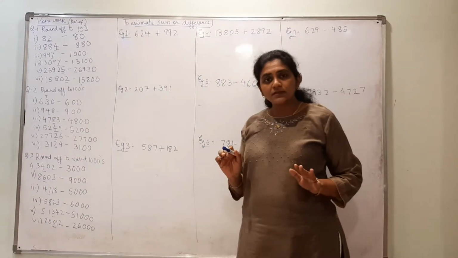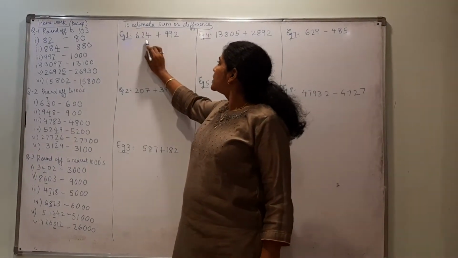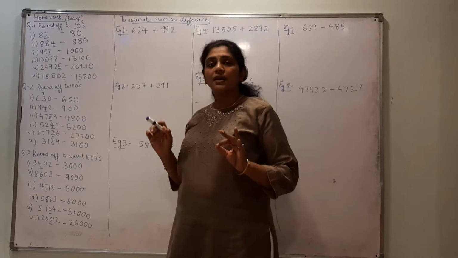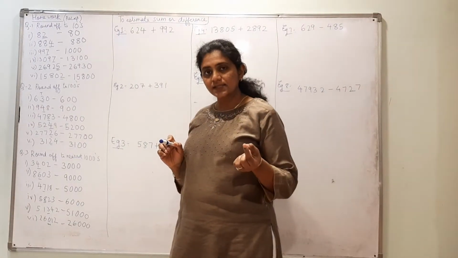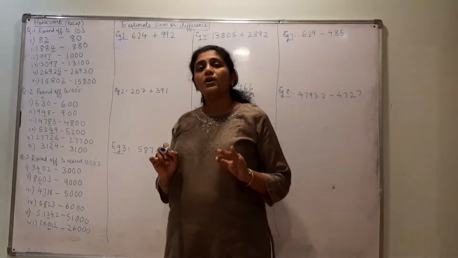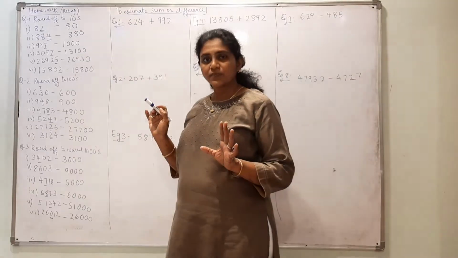The procedure for this is, you have to consider individually the numbers. 624, round off to nearest tens or hundreds. 992, round off to nearest tens or hundreds. Right?